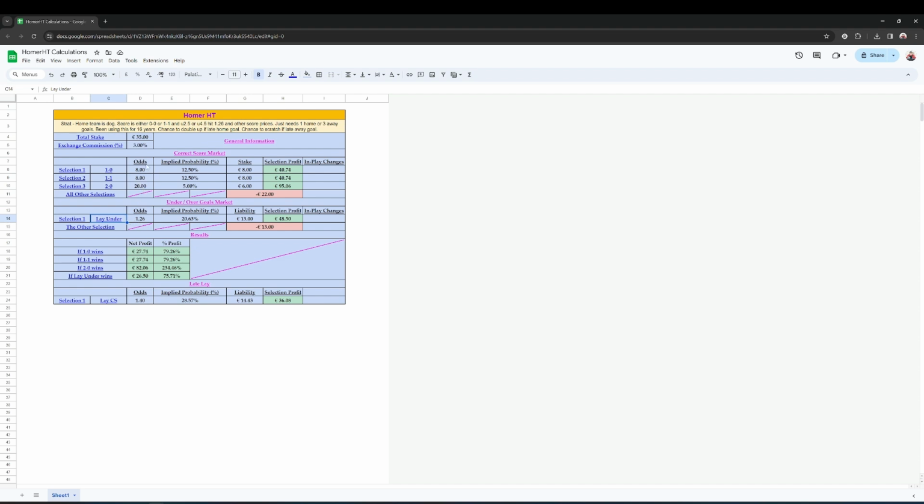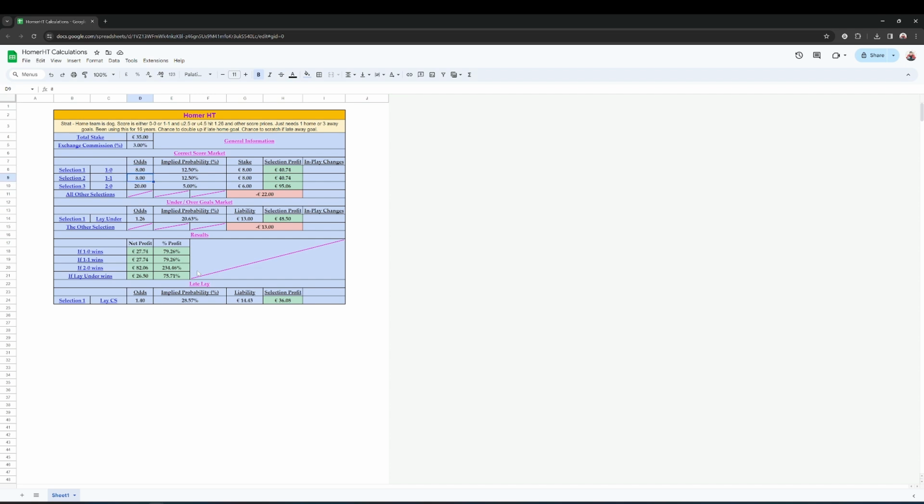So what happens is that the odds that you have to hit for the under 2.5 goals lay are 126. And these odds, in general, I'm saying that, okay, 1-0 is 8, 1-1 is 8.